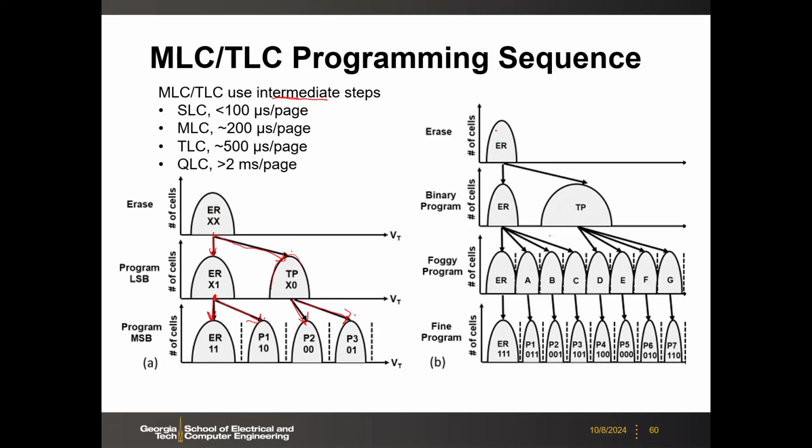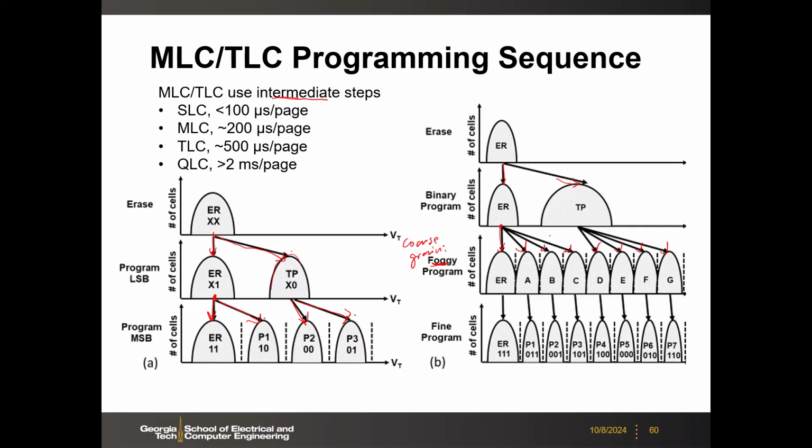And similarly for the TLC, this is the so-called foggy-fine programming scheme. You do this binary split first, and then from this one you split into 4. The foggy program is basically coarse-grained, so you are not going to fine tune it.